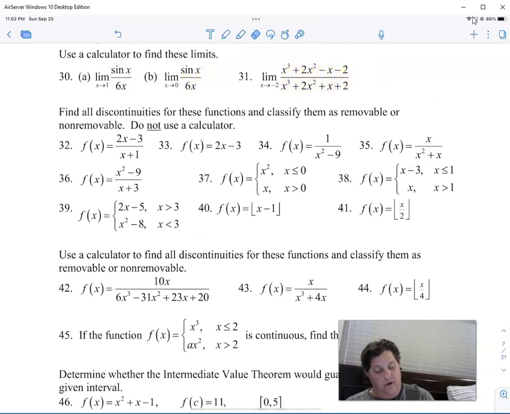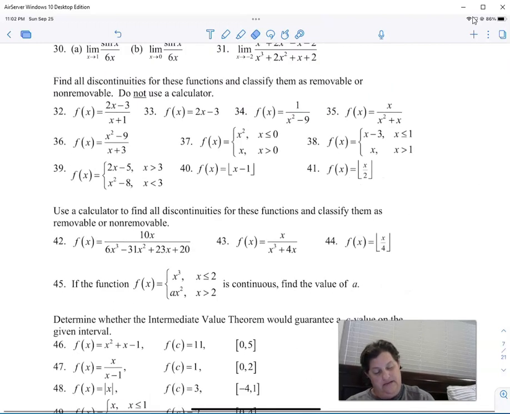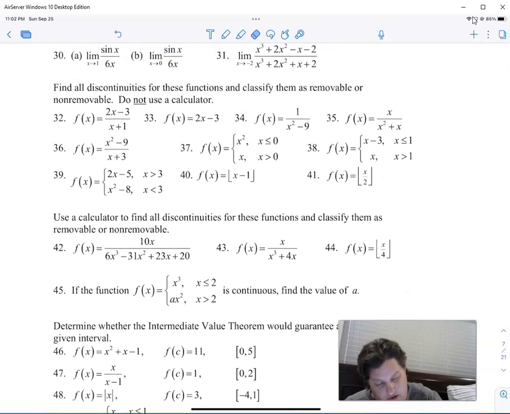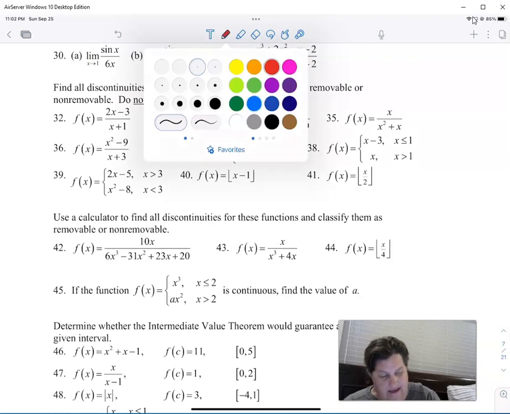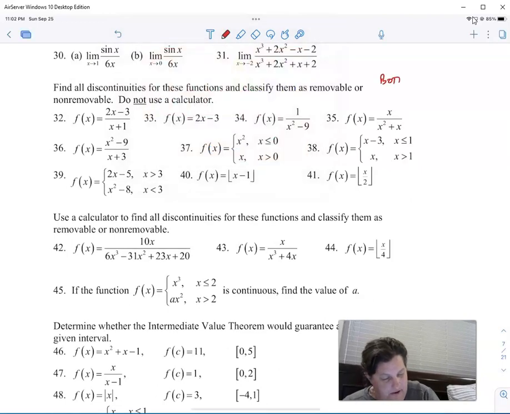All right, you guys. So for right now, a discontinuity will occur if the bottom of a fraction equals 0, or if I square root a negative. Doesn't look like there's any of those. So bottom equals 0 is where there's discontinuities.